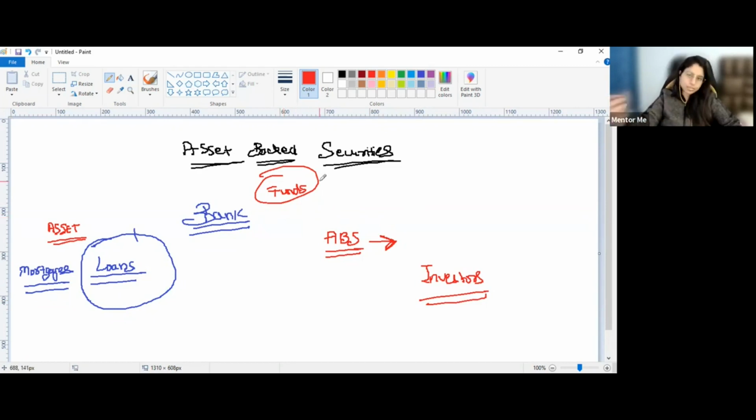Of course, when the investor will purchase the securities from us, the investor is going to give the banks funds, right? एंड जितना बैंक के पास फंड ज्यादा होगा उतना वो आगे लोन कर सकते हैं, उतना वो आगे बिजनेस कर सकते हैं, राइट? सो बैंक ने इशू करे एबीएस टू द इन्वेस्टर्स. इन्वेस्टर्स by purchasing these ABS started giving funds to the bank.